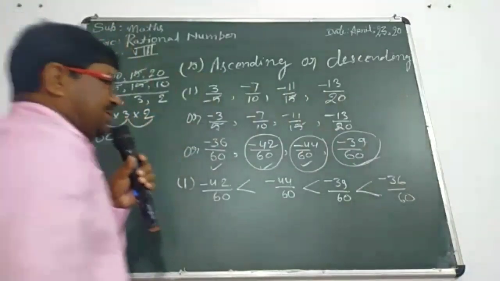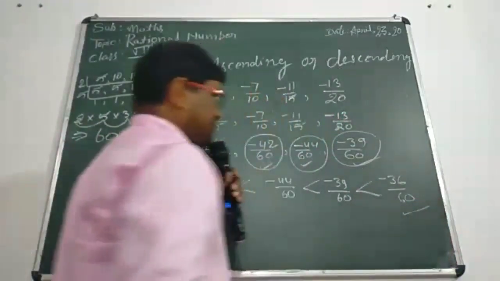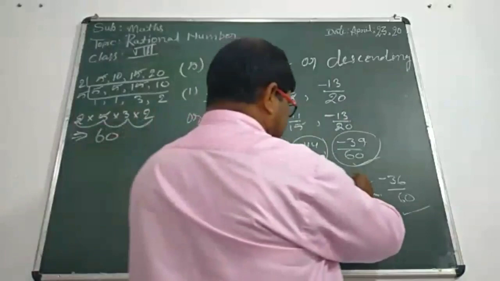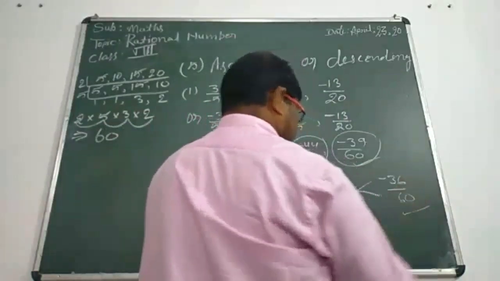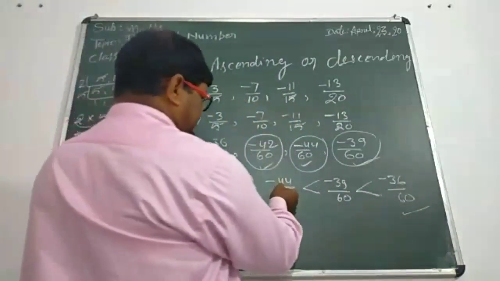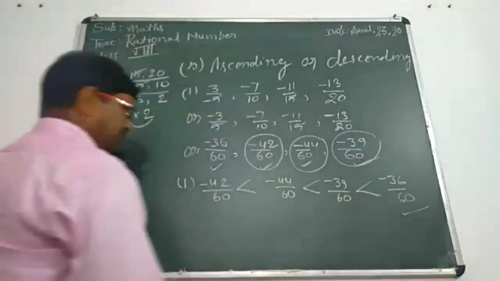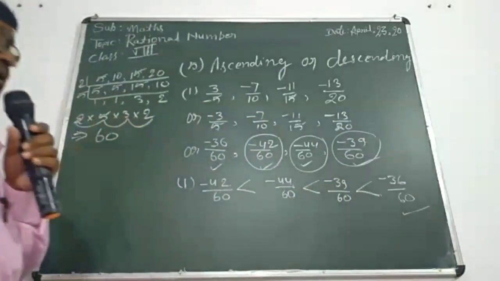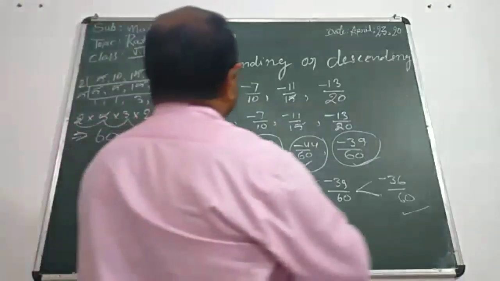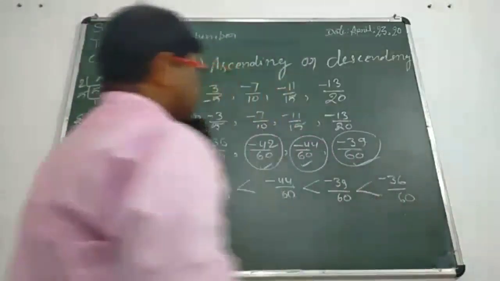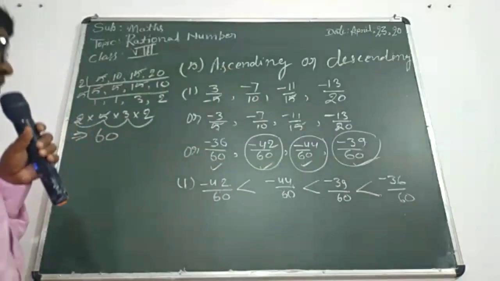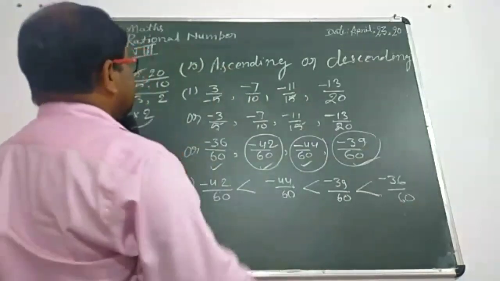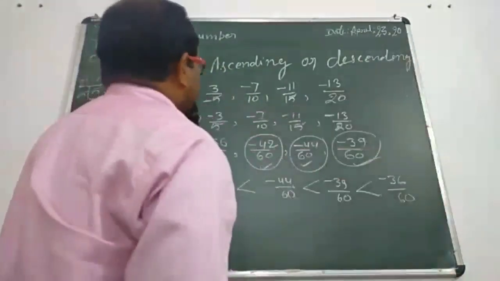It means that is the largest. Minus 39 is less than minus 36. Minus 44 is less than minus 39. This type of arranging the rational numbers is called arranging the rational numbers in their ascending order.